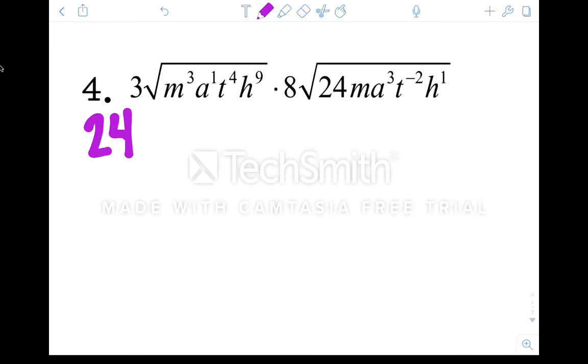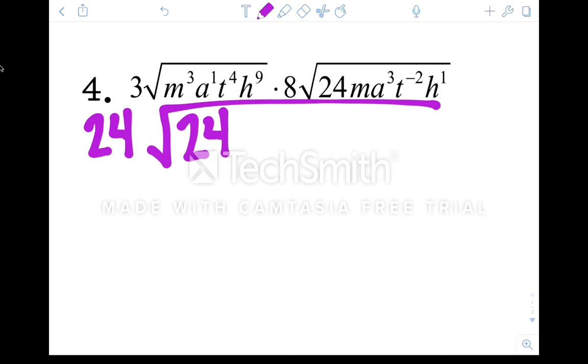And now I'm going to multiply everything inside of the radicals. So I'm going to make a big old radical sign and put it all under 1. I know I have 1 times 24 under that radical, so my coefficient is 24 inside that radical also. Now I have m to the 3rd times m. When I'm multiplying my variables, I'm going to add the exponents.